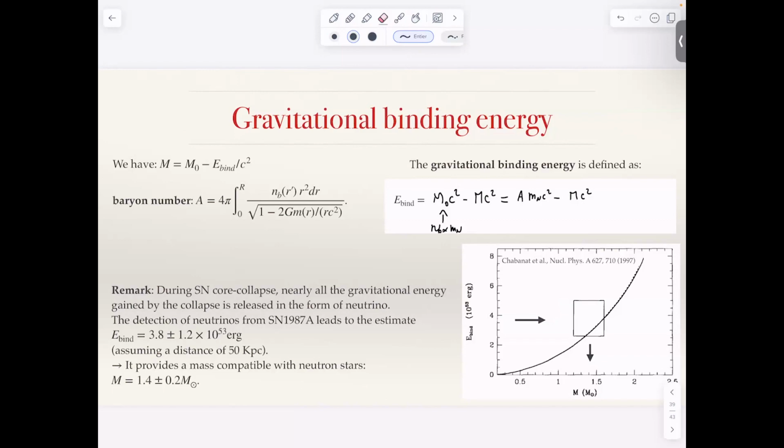Not only are they possible, but if you have a neutron star with about 1.4 solar mass, then you are compatible with your observation. So in a way, it is an indirect confirmation that in the collapse of massive stars, you form a central object with a binding energy which is of the order of the energy released by the collapse. And such a large amount of binding energy is compatible with a 1.4 solar mass neutron star in the center.